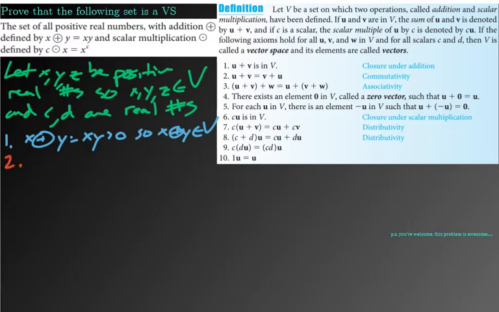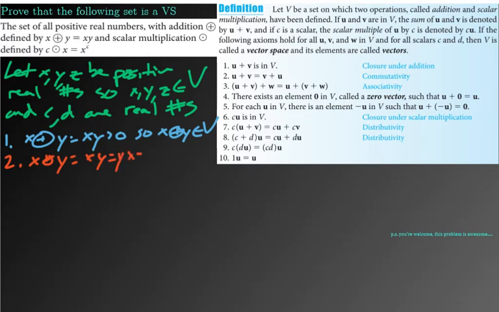For the second one, x plus y is that multiplication we're used to, which is commutative.